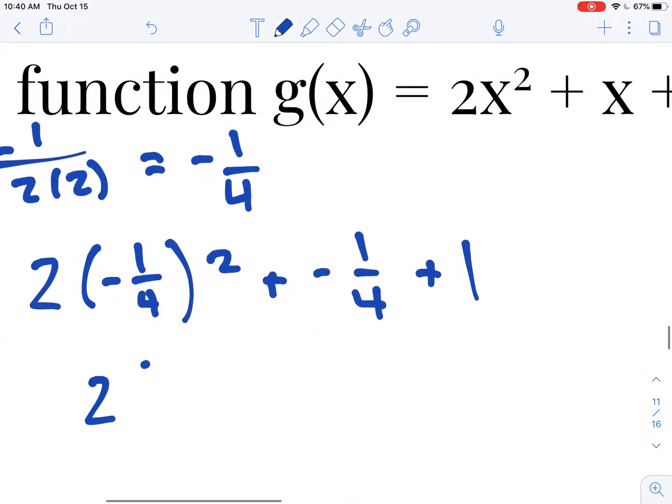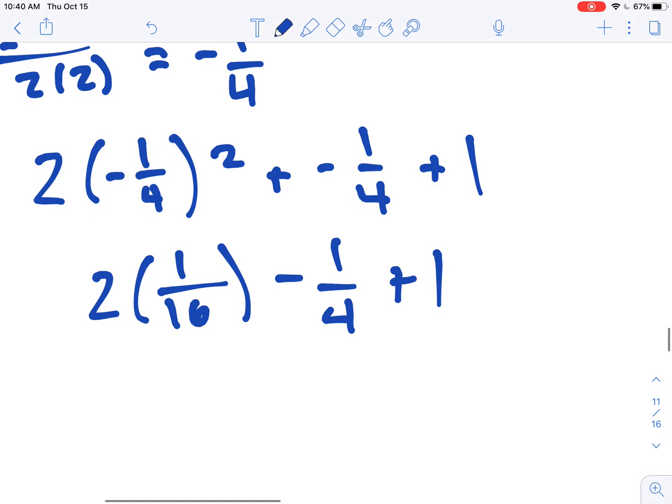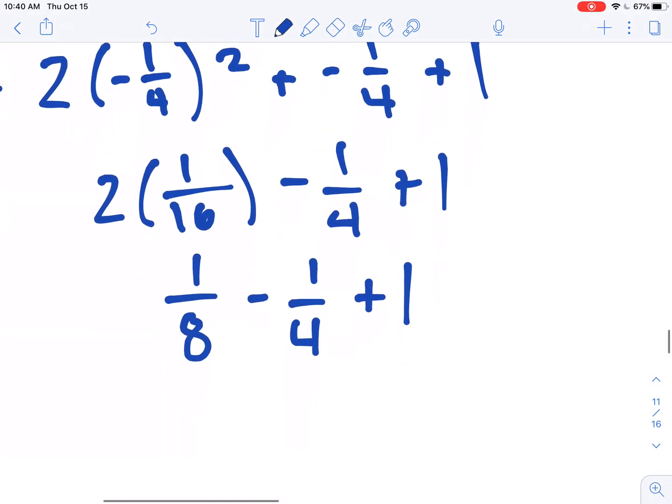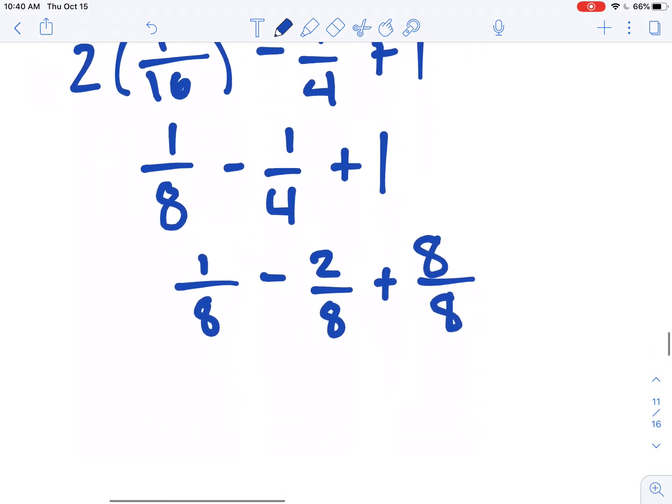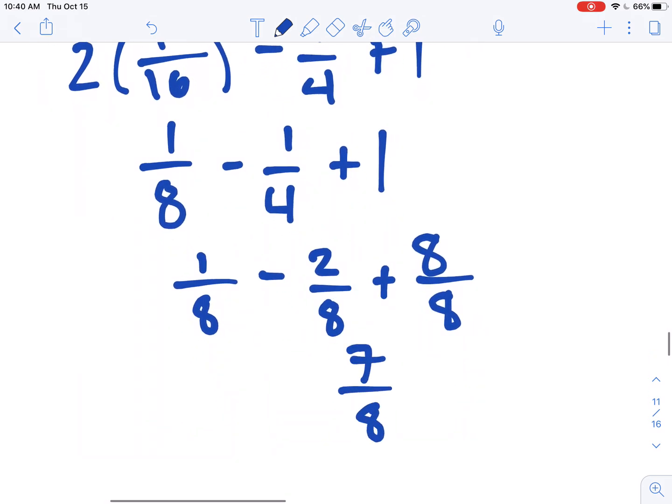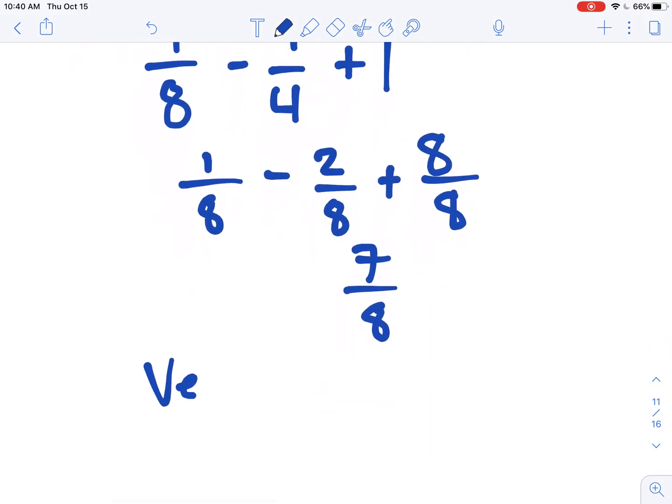So this is 2 times 1/16 minus 1/4 plus 1, 1/8 minus 1/4 plus 1, 1/8 minus 2/8 plus 8/8. So this becomes 7/8. So now I have a vertex of (negative 1/4, 7/8).